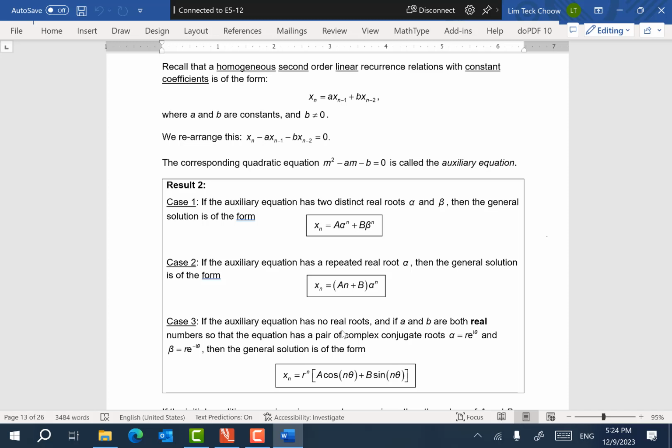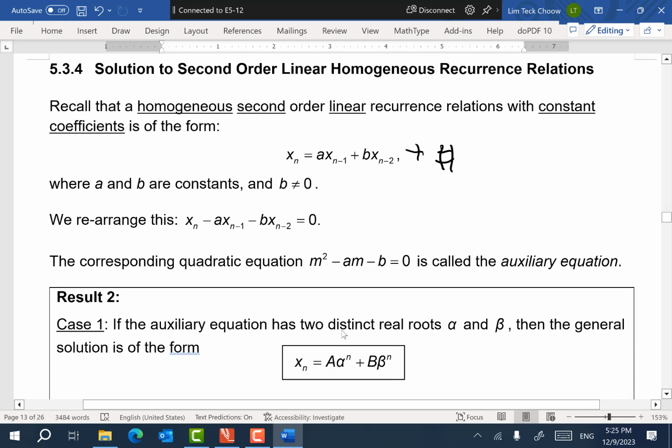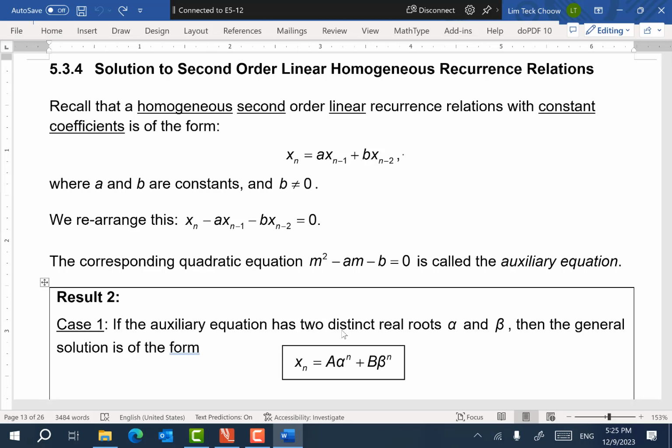I also want to draw your attention to something, class, this equation that you see right at the top right, look carefully at it, okay? If I were to have a case where I plus a number here, the level of difficulty is totally different. I'm trying to say that if I have a plus something here, the question becomes non-trivial.